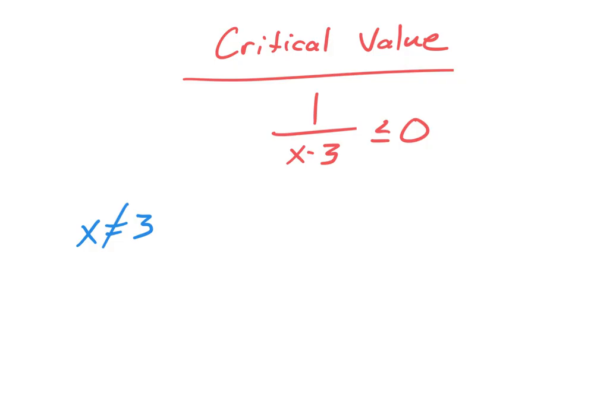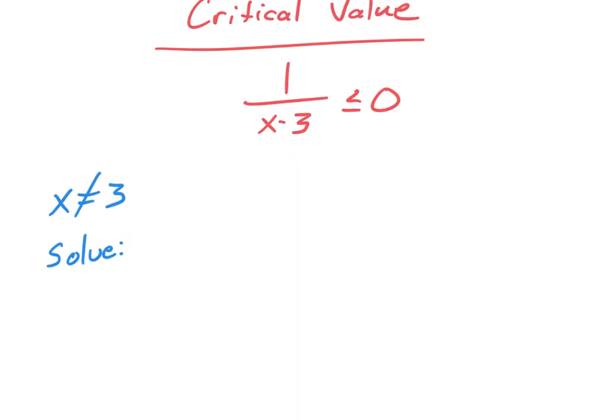That's a critical value. Then if I ask you to solve this, it would be just like all the other ones that we did. We could graph it once again. We're talking about when is it less than or equal to 0. So we would say everything from negative infinity up to 3.